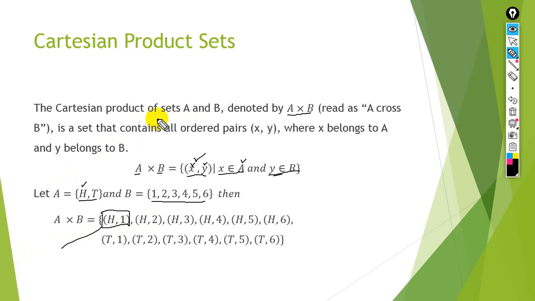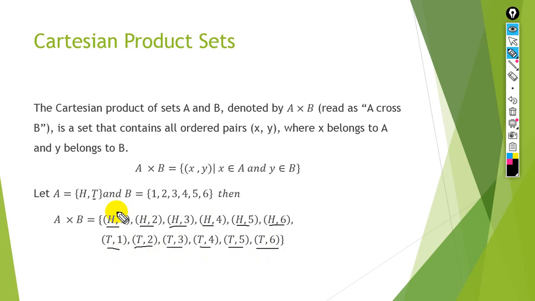This is an ordered pair, as written above. Now, for example, suppose x belongs to A and y belongs to B. Different ordered pairs are formed here. The first ordered pair is (H, 1), then (H, 2), (H, 3), (H, 4), (H, 5), (H, 6). Similarly for T: (T, 1), (T, 2), (T, 3), (T, 4), (T, 5), (T, 6).